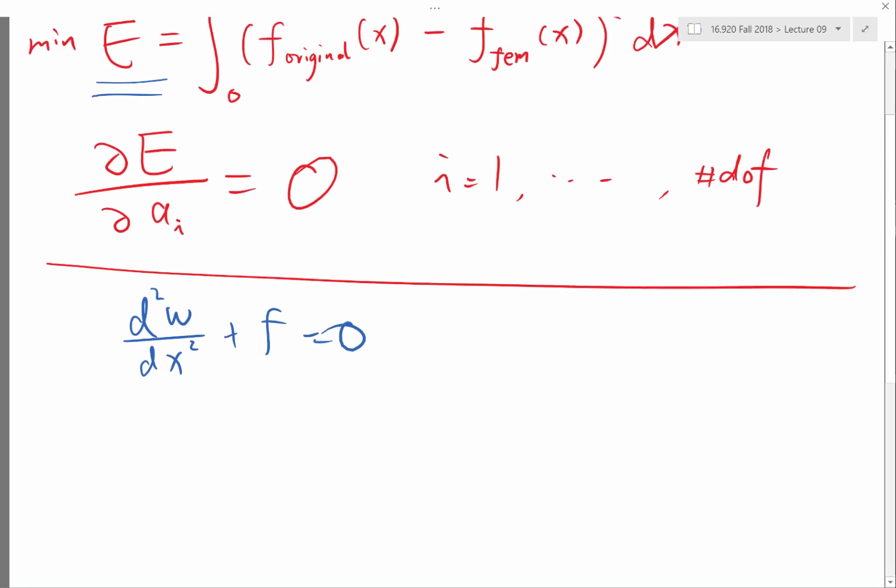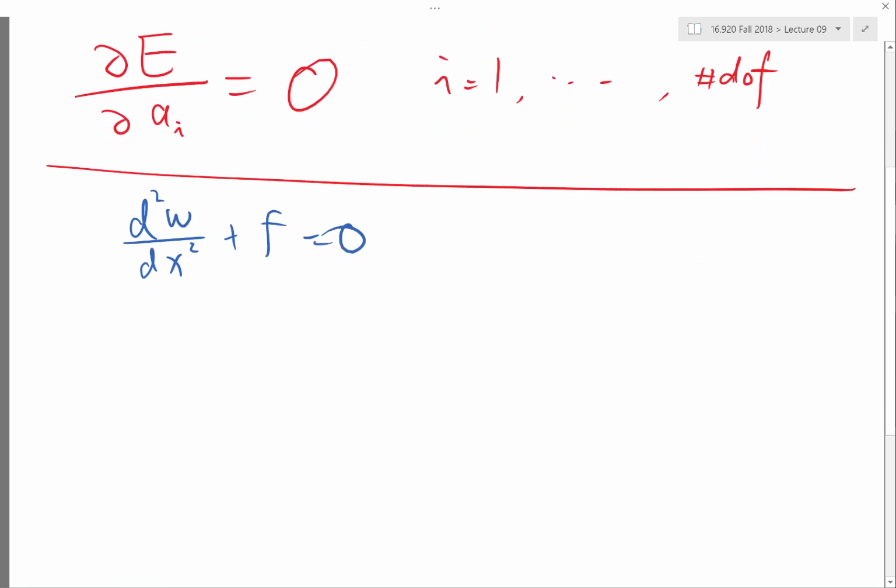It has been a long time since people figured out how to solve this equation, and there is actually a lot of physical intuition behind this. It is equivalent to the minimization of the total energy, so the minimization of an integral, let's say from 0 to 1.